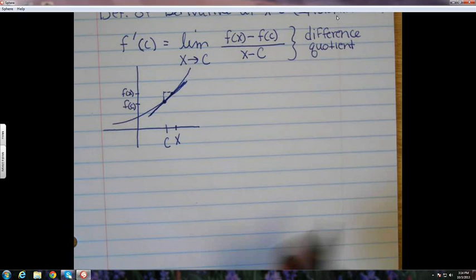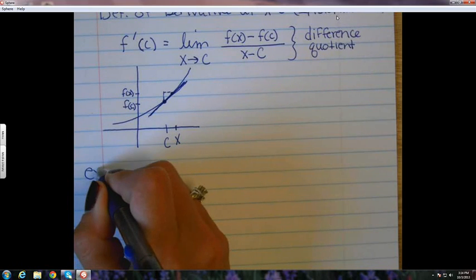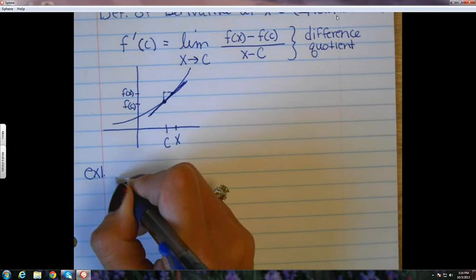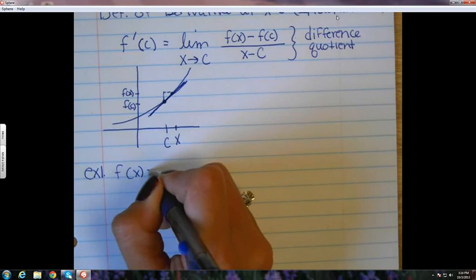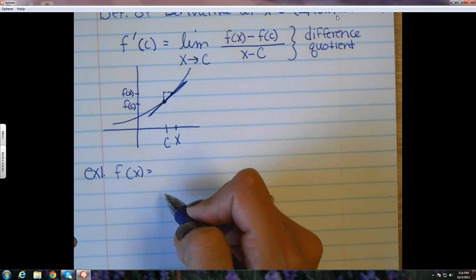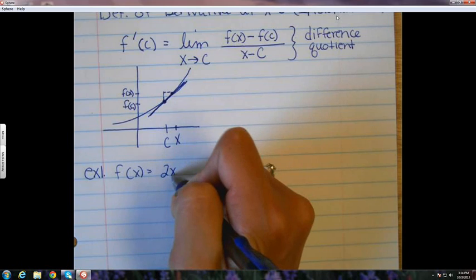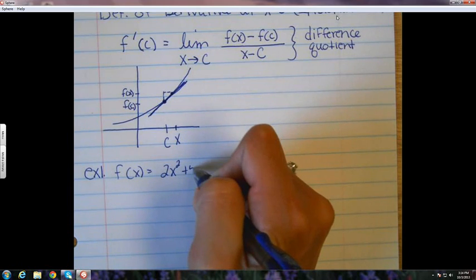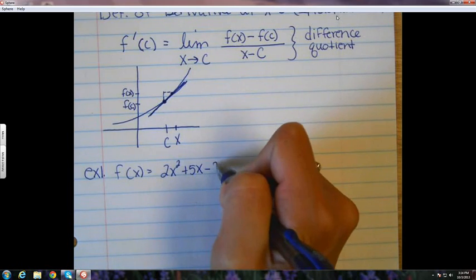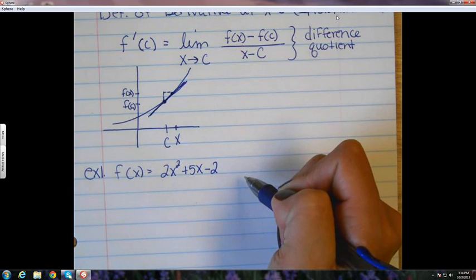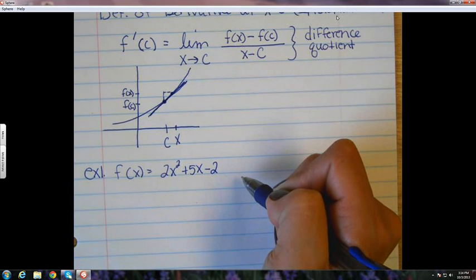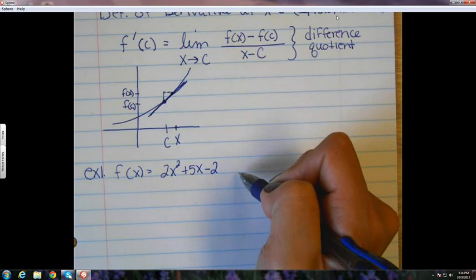So our first example, if f of x equals 2x squared plus 5x minus 2, let's first estimate the derivative at 2, our old way, and then we'll find it exactly using our new way.